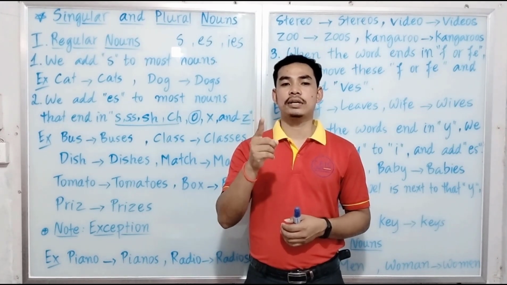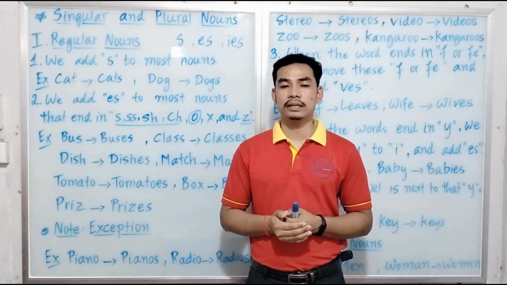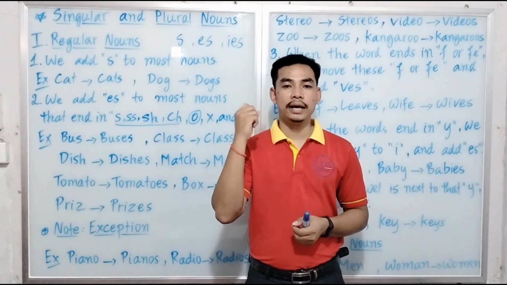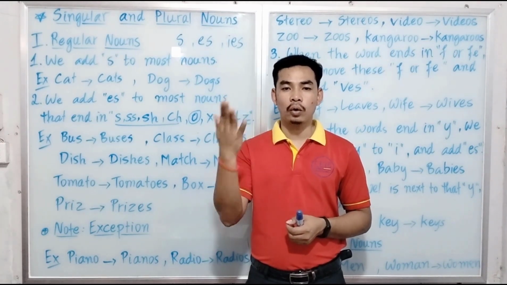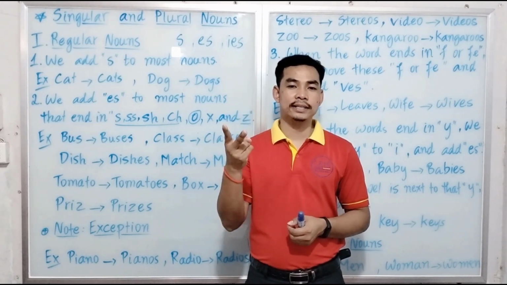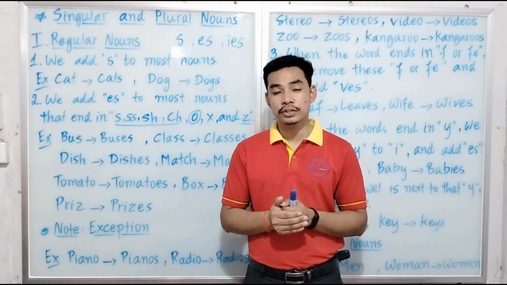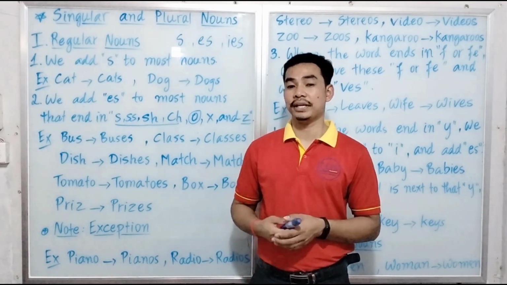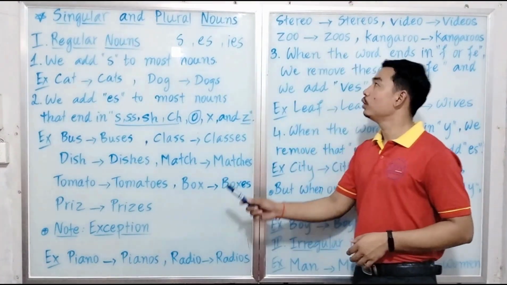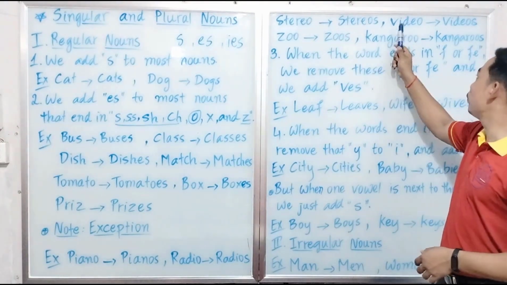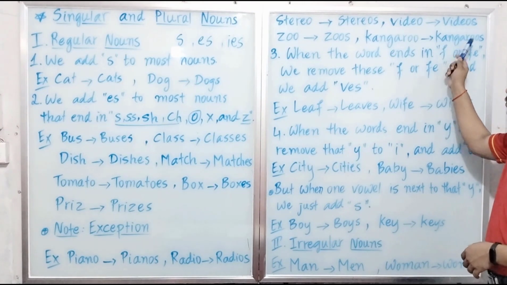So here we just add only S to general nouns, but be careful that when the nouns end in S, double S, SH, CH, O, X, and Z, we just only add ES, but be careful with some words, we just add only S. So like here, piano, pianos, radio, radios, stereo, stereos, video, videos, zoo, zoos, kangaroo, kangaroos.